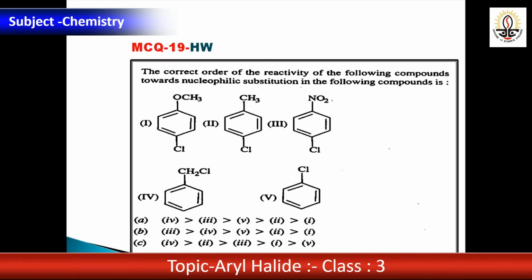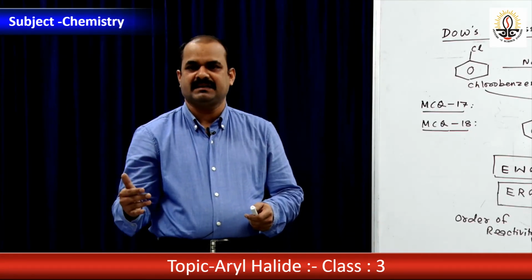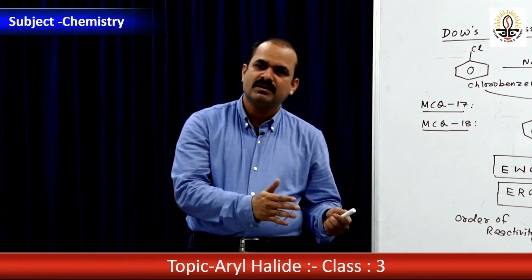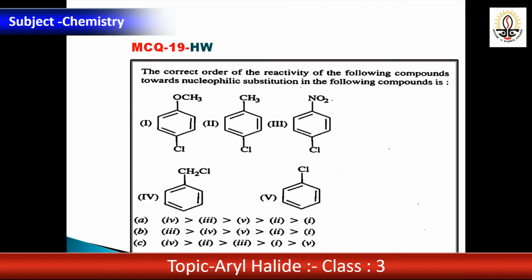The correct order of reactivity of the following compounds towards nucleophilic substitution is asked. Five compounds are given, and you have to arrange them. Remember that the presence of electron withdrawing groups increases the reactivity and electron releasing groups decrease the reactivity. So multiple choice question number 19 is your homework.